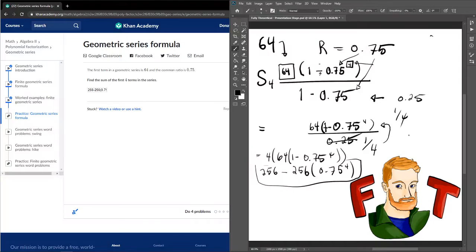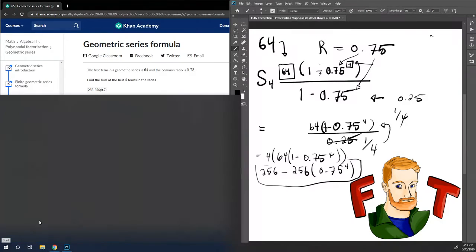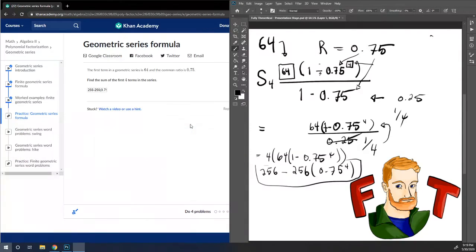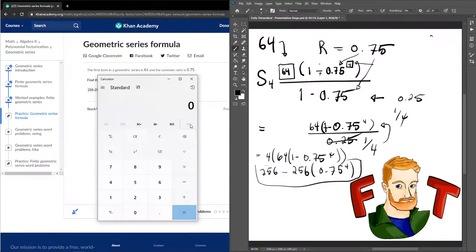I guess let's try multiplying it out. Get that calculator going. There it is. It's 81.